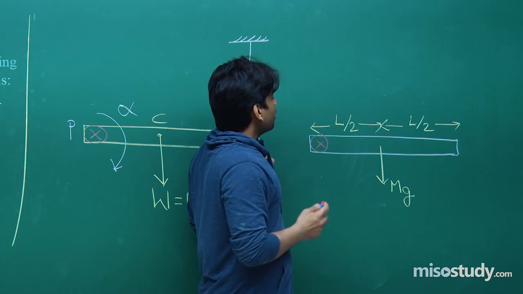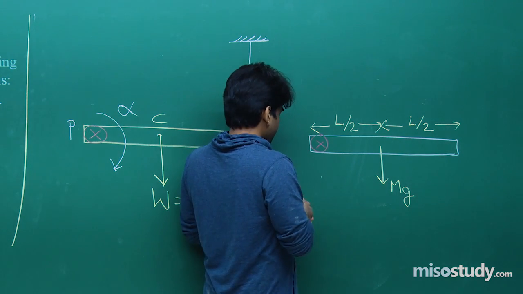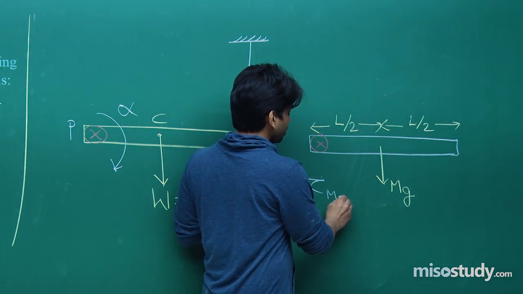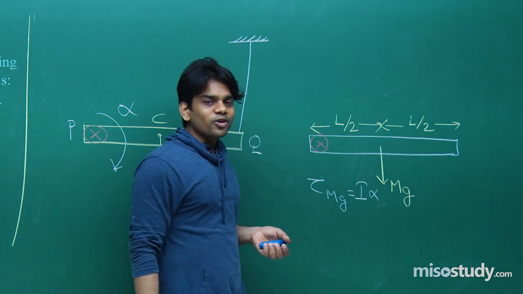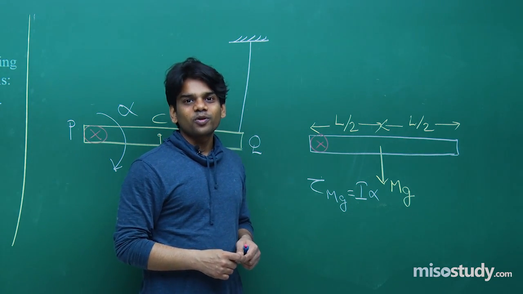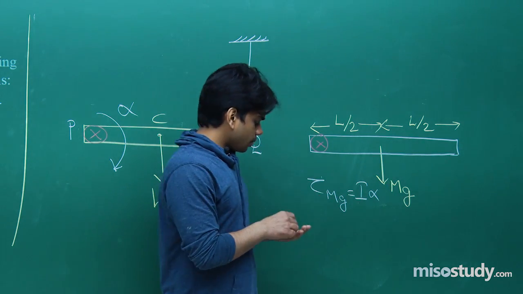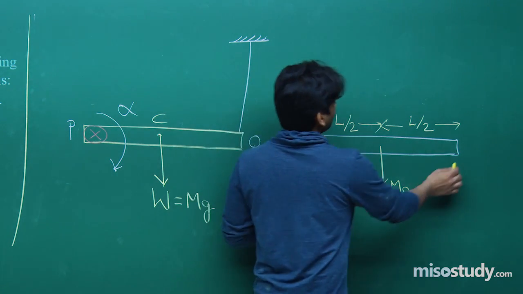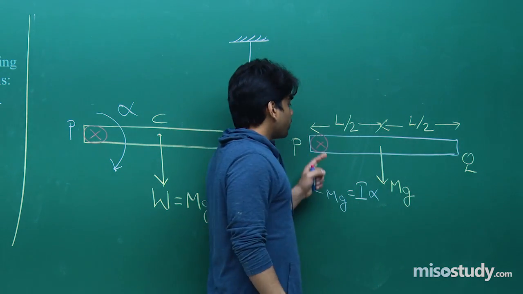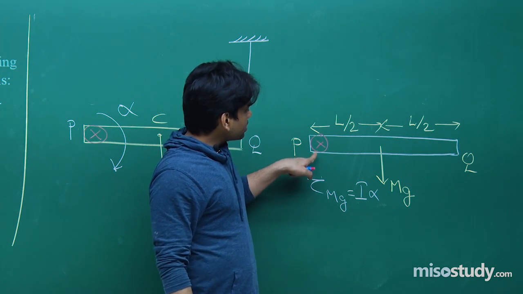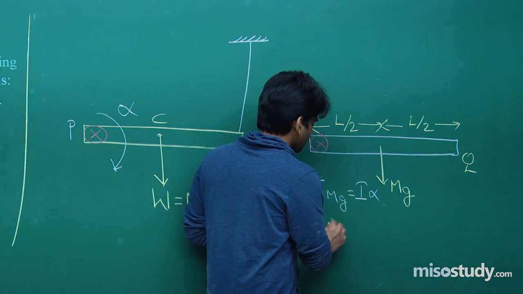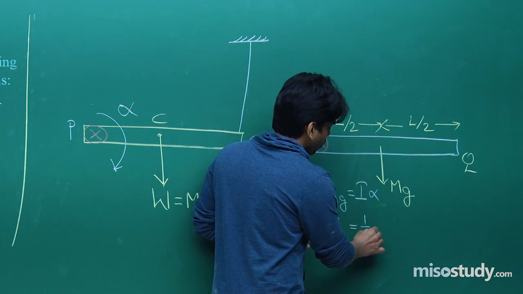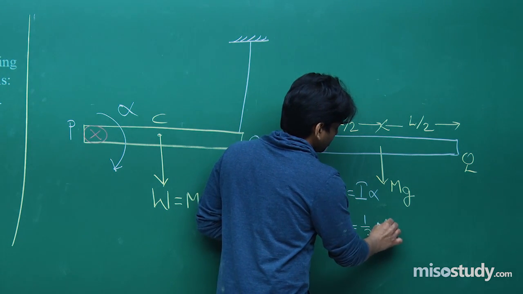Now see, on writing the equation, torque of mg will be equal to I into alpha. So can you recall what the moment of inertia will be for this rod PQ hinged about this axis? For this axis passing through one of its ends, I hope that you can recall the moment of inertia is given as 1 by 3 ml square.